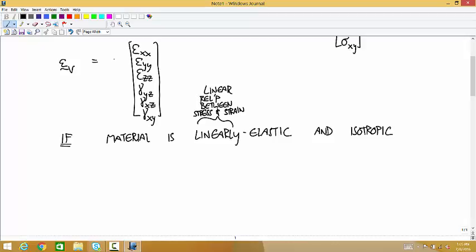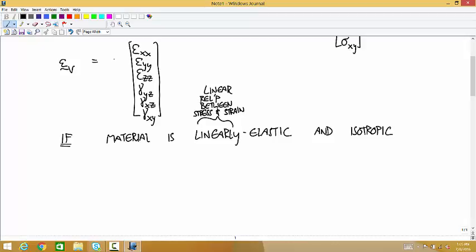Okay, so linear relationship between stress and strain. That's the linearly part. The elastic part. What does elastic mean? Who wants to tell me what elastic means? Elastic, you've used that word a million times. Yep. Is it a material where if you deform it, it goes back to... That's exactly right. Yep. So the material deforms when it's under loads, and when the loads are removed, the material returns to its original shape.